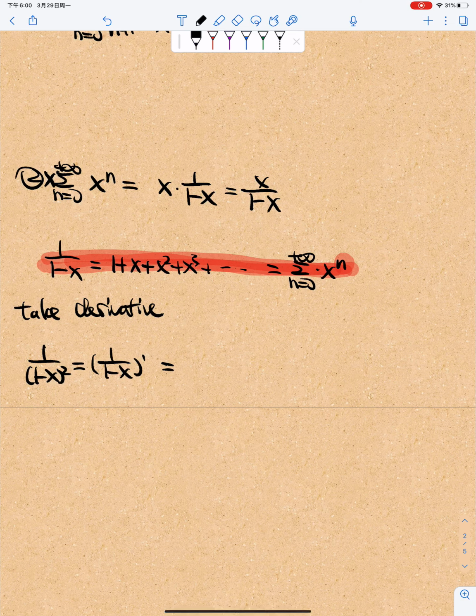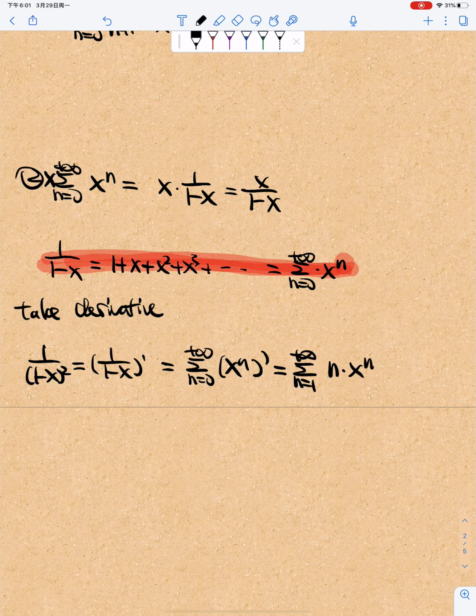And then on the right-hand side, we are taking the derivative of sigma x to the nth power, and that is equal to sigma n from 1 to positive infinity of n times x to the n minus 1's power.